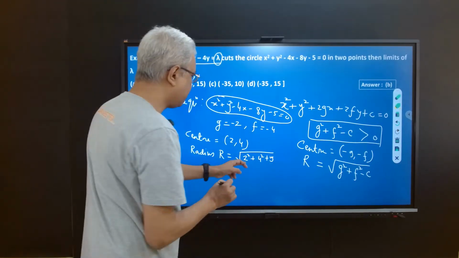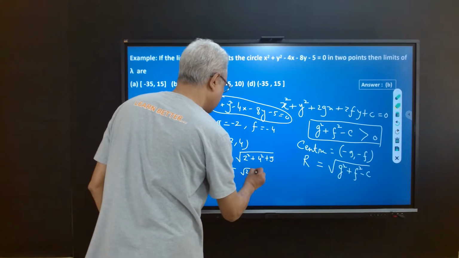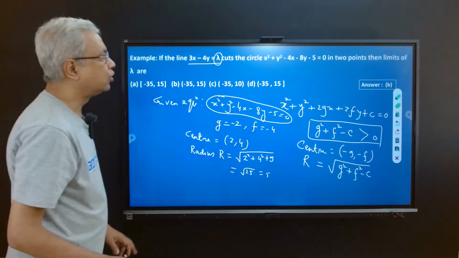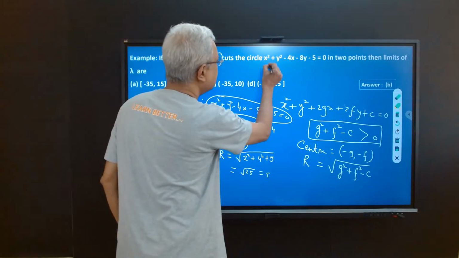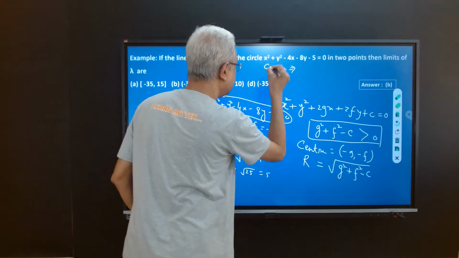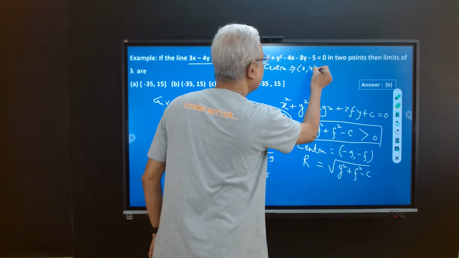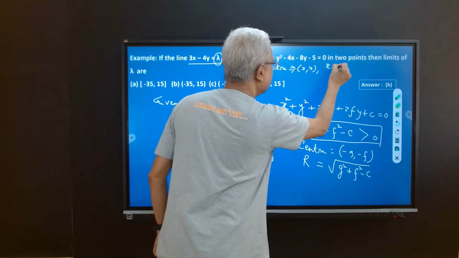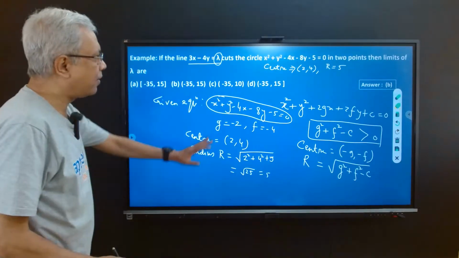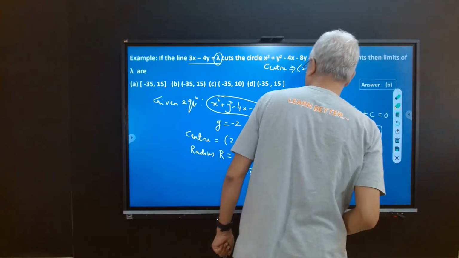So it is 4 plus 16, 20, plus 5, 25, square root of 25, so it is 5. So this is the circle whose center is at (2, 4) and radius is 5 units. Up to this it is very simple, there is no doubt.